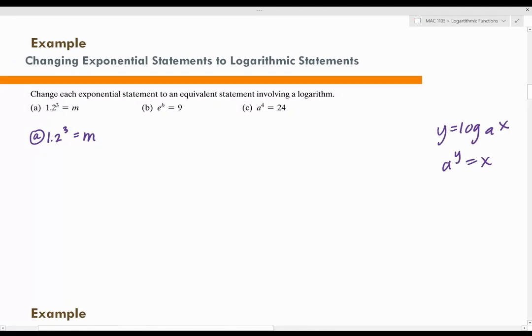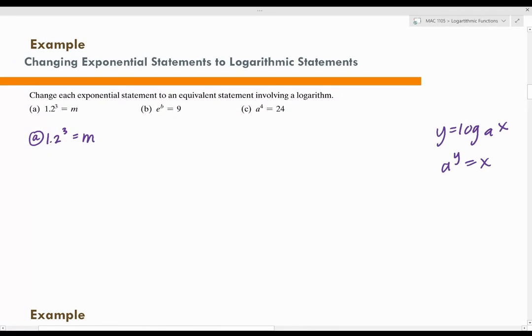Right now we are in exponential form. That means the base for our problem, which would be a, is 1.2. Our exponent is 3, and our x is m. So if we want to write it in log form, we would say log base 1.2 of m equals 3.